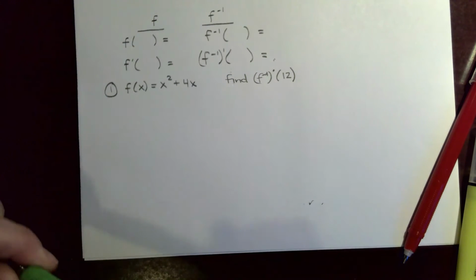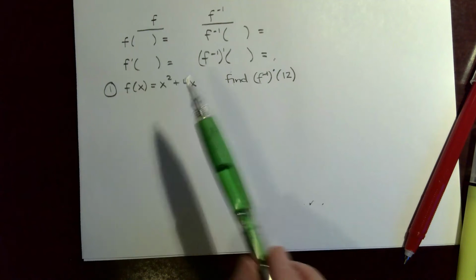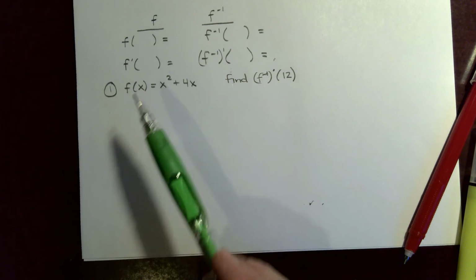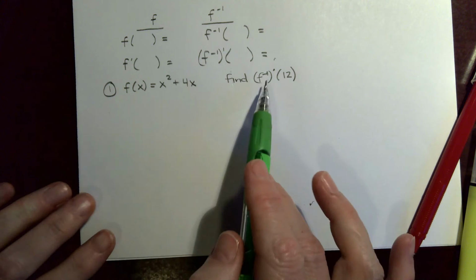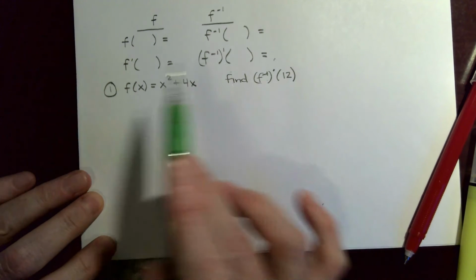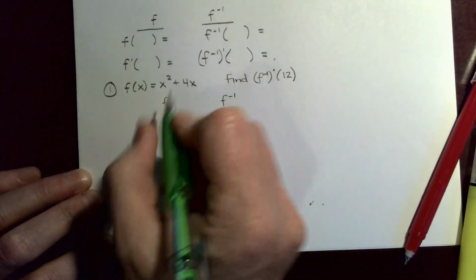Now, we could go through the whole bit of finding the inverse and all that, but what if the original problem was really yucky? We don't want to even deal with coming up with the inverse. Okay, so I'm just going to use that little method there.